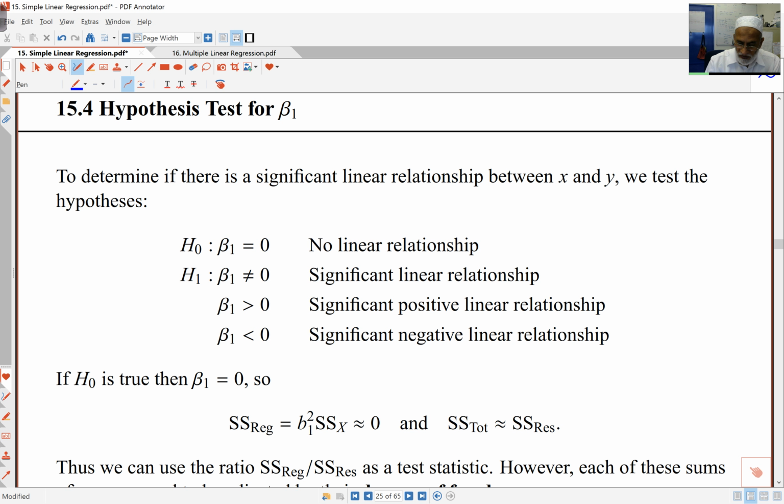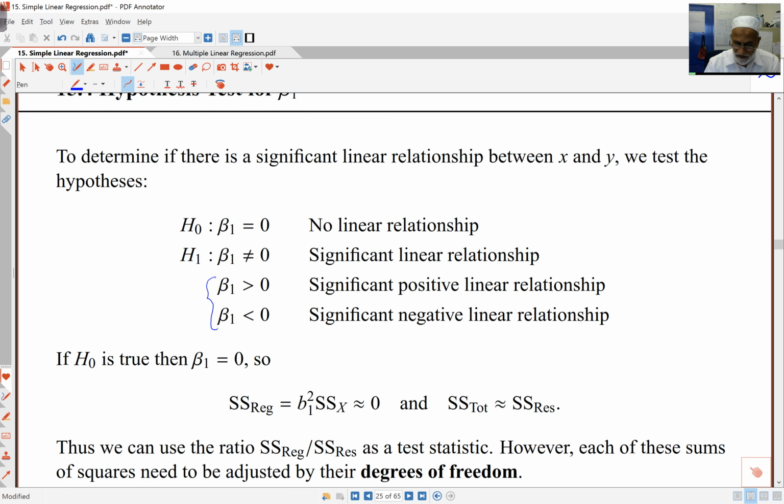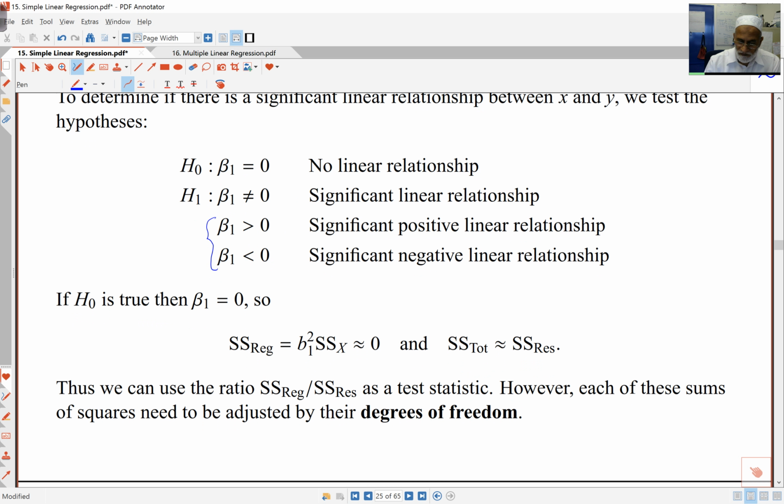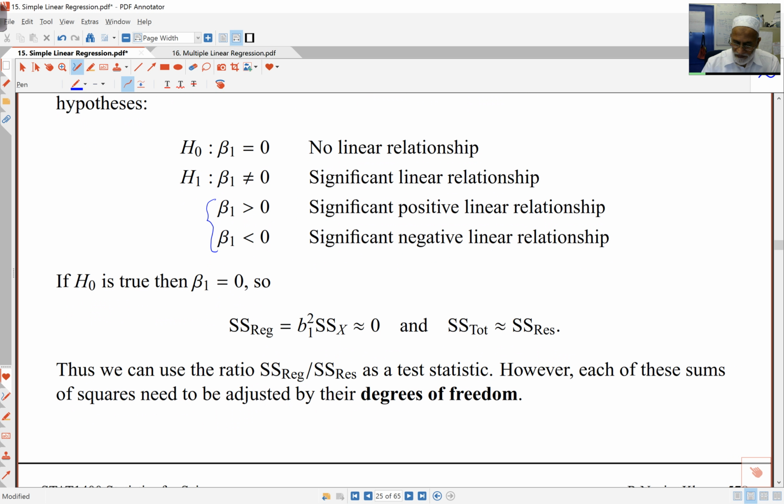Usually we have some idea of the direction of the change we're expecting or intending to engineer, which means we will prefer to test one of the one-sided alternatives. If H0 is true, then the regression sum of squares, B1 squared times SSX, will be quite small because B1 will be small. The total sum of squares is essentially the same as the residual sum of squares. In other words, the variation I'm seeing in the data is just random noise. There is no relationship there at all.